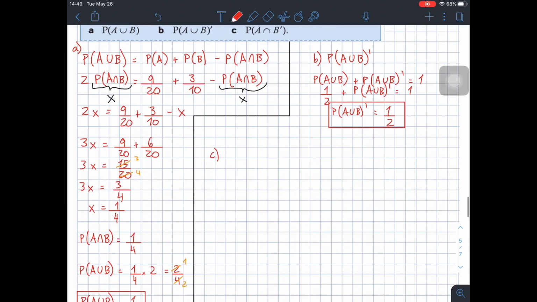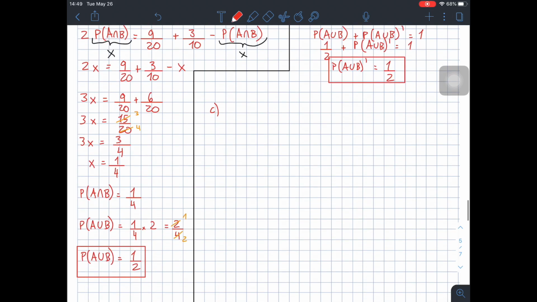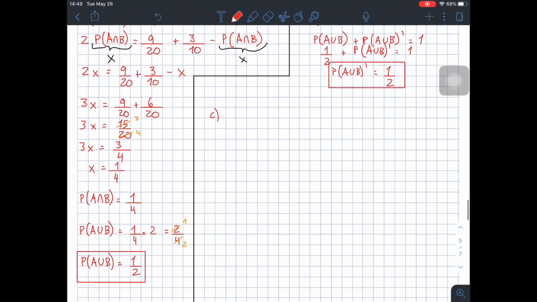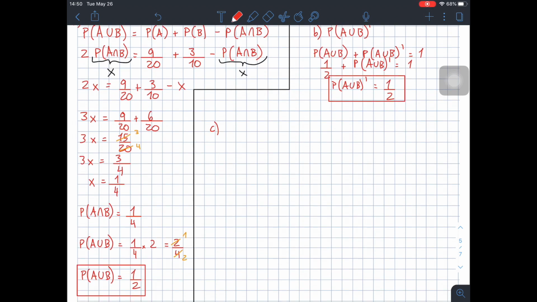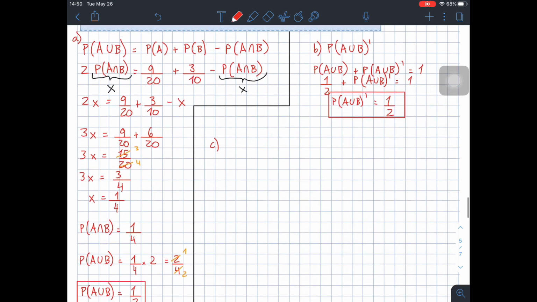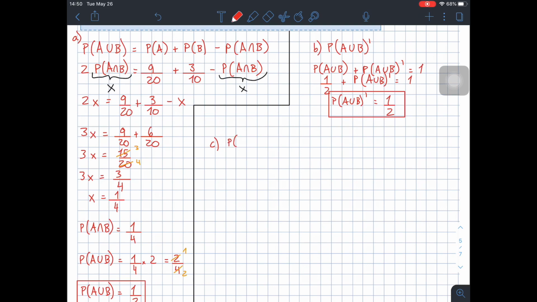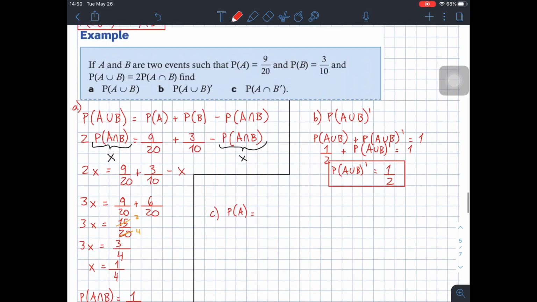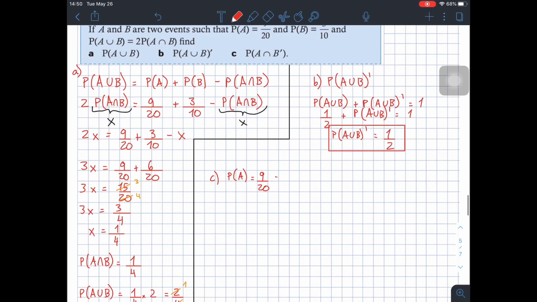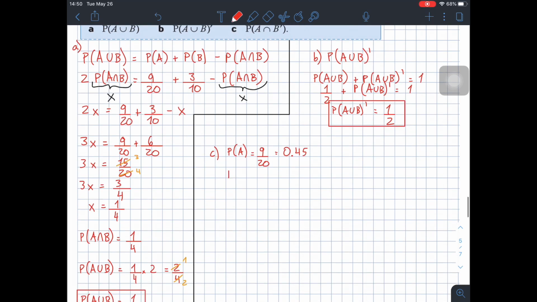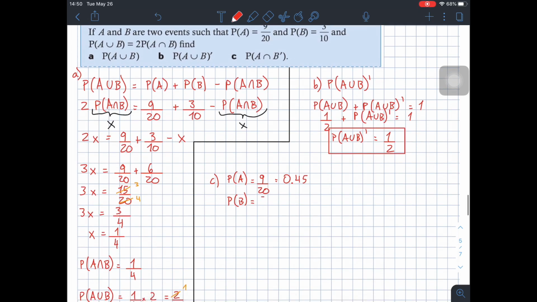Okay, so I'm going to make the, let's see, yes, I have all the pieces of information. I already know that the probability of A is, from the exercise, 9 out of 20, which if I write as a decimal is 0.45. Then I already know the probability of B from the exercise, which is 3 out of 10.